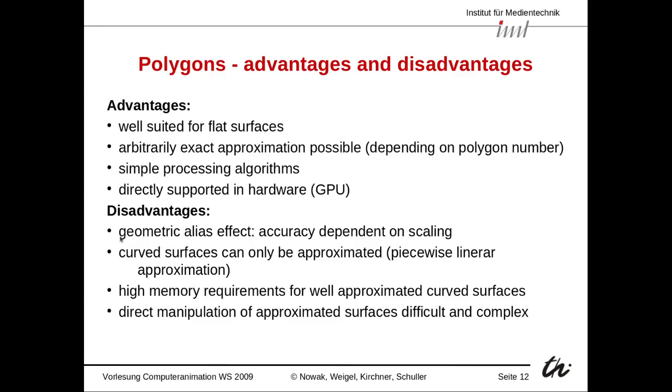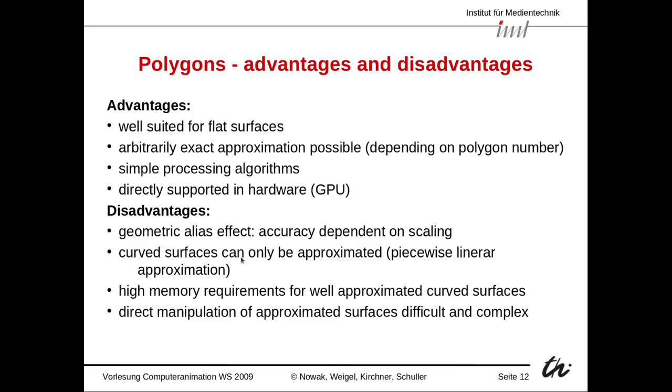Disadvantages are that we have geometric alias effects. The accuracy depends on the scaling. That means, for instance, we sample a surface, and if the surface is represented by not enough triangles, then we might get aliasing effects, as we will see later.